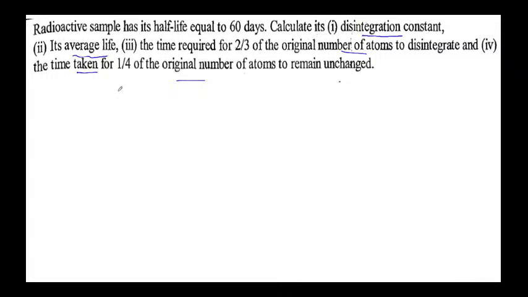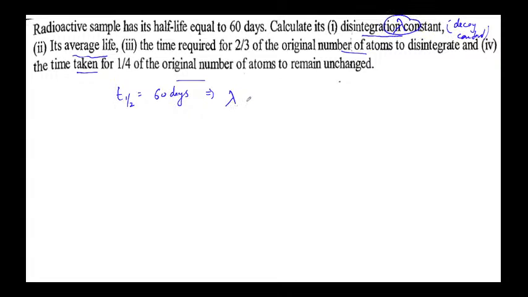So what is given? T half is given, equal to 60 days. So lambda we can calculate, that is the decay constant, or in some books we also call it the disintegration constant. It is one and the same thing. So that is lambda.